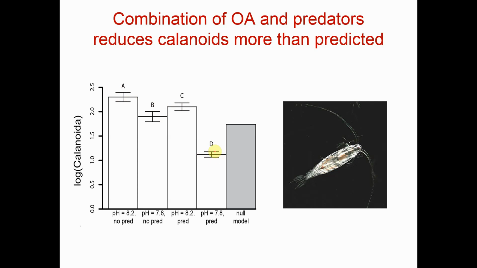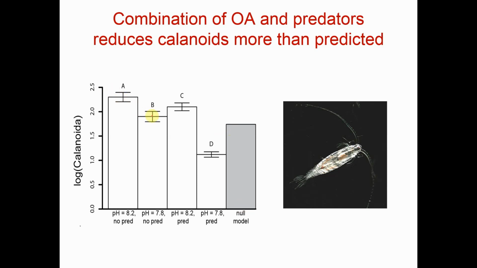And we can compare this to what we call a null model. A null model tells us what we'd expect the population of copepods to be when we add ocean acidification and predators, using the results if we just drop the pH.